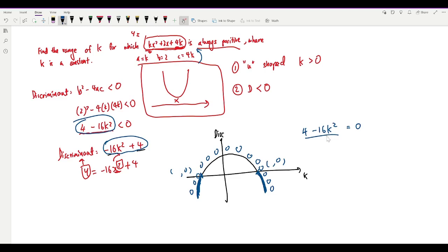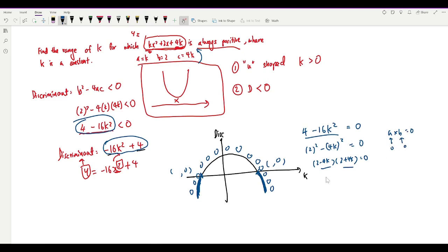You factorize this, okay? You use special identities to factorize. Okay, a squared minus b squared, right? So using special identities, you can write this as 2 minus 4k times 2 plus 4k, right? Because this times this equals to 0. Okay, for those of you who don't remember your zero product rule or null factor theorem, if a times b equals to 0, that would mean that either a is 0 or b is 0 or both are 0, right?